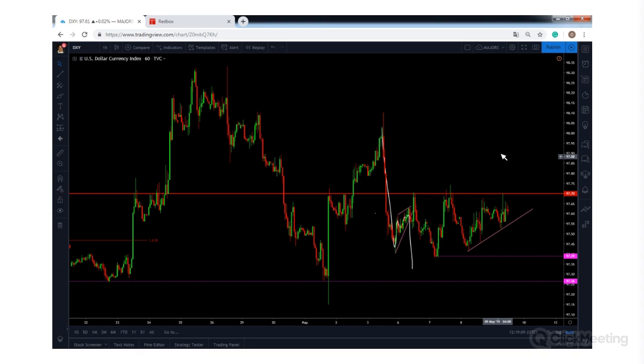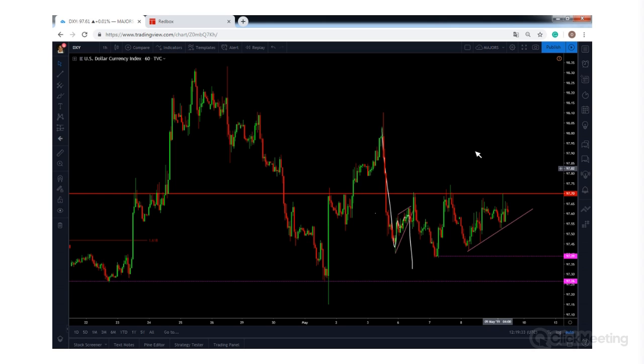But for the time being, we are being cautious, and unless we see a clear break above the 97.70 level on the DXY, we are not going to be pushing a long position on gold, or a short position on the Euro US dollar.